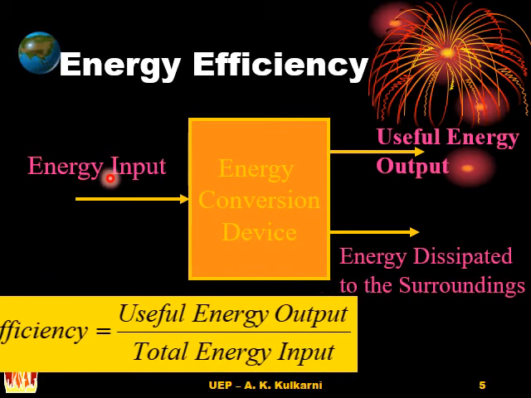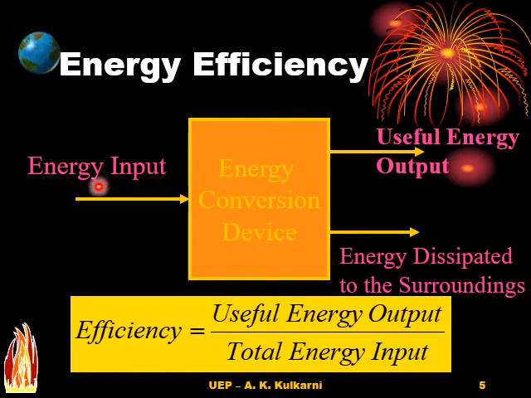What are the energy inputs that can be utilized for energy conversion? It may be petrol or diesel. In the case of an electrical vehicle, it may be electrical energy. And the output we get is some kind of useful energy, the acceleration of your vehicle, which is the useful output.